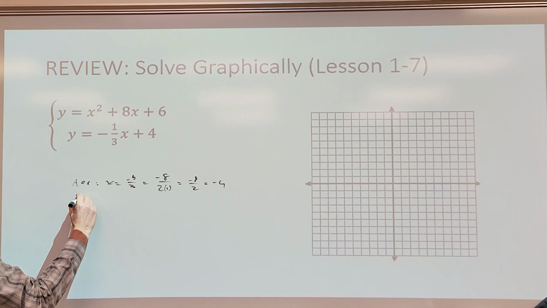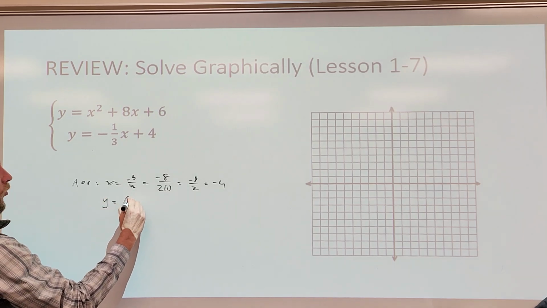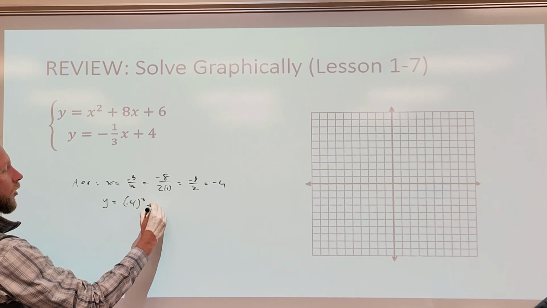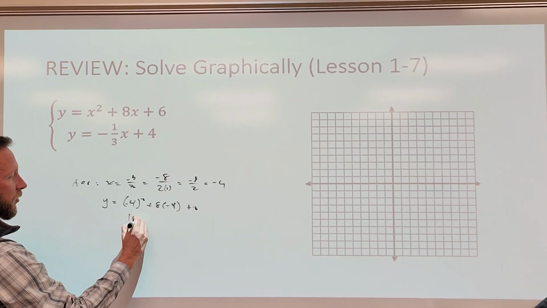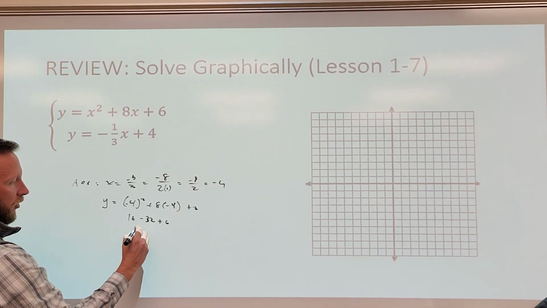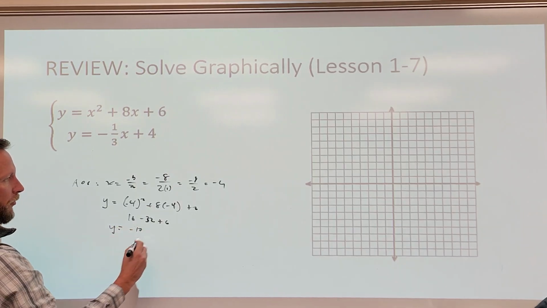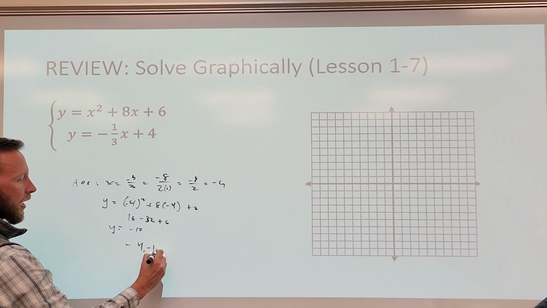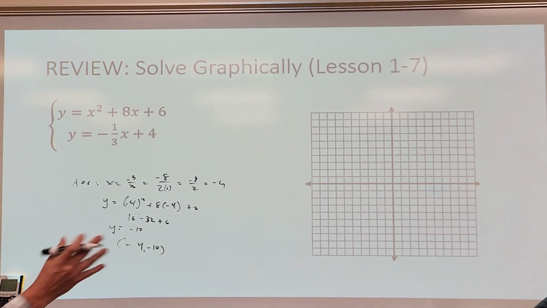When I plug in to find the y value of the vertex, y is equal to negative 4 squared plus 8 times negative 4 plus 6. This gives me 16 minus 32 plus 6, so this gives me negative 10. So we're going to have the point negative 4, negative 10 for our vertex. And then we will build from there.